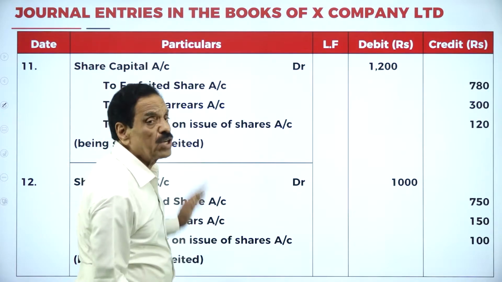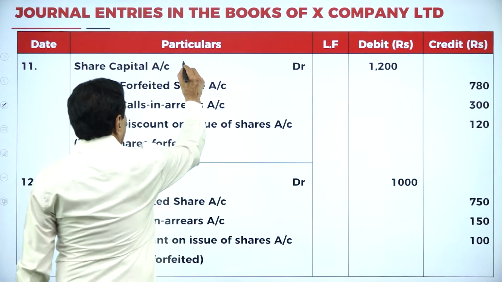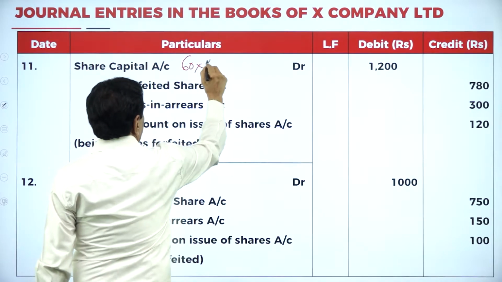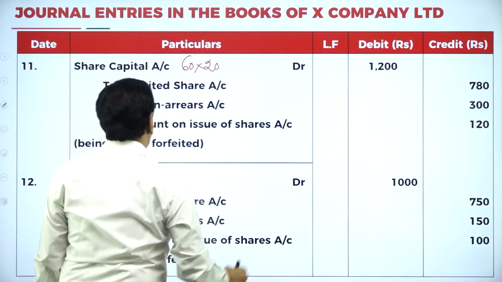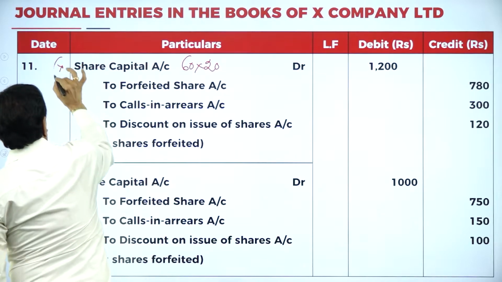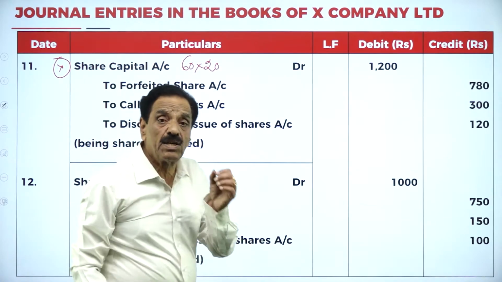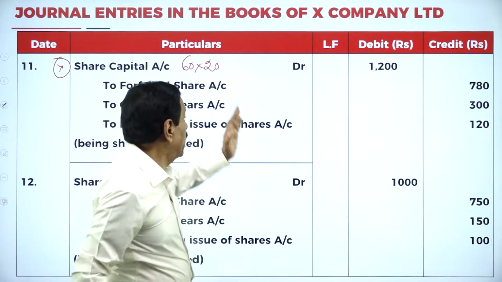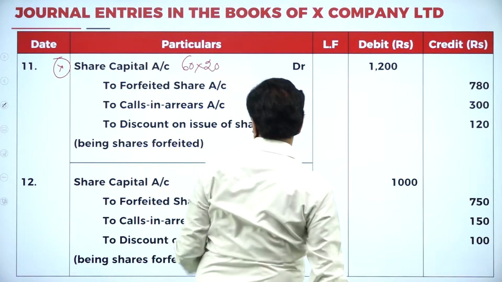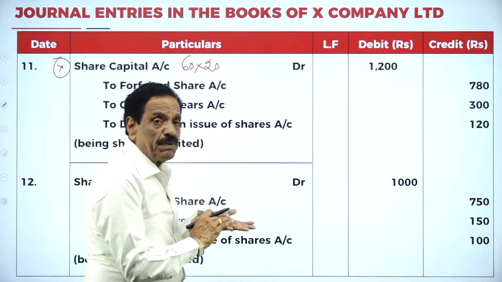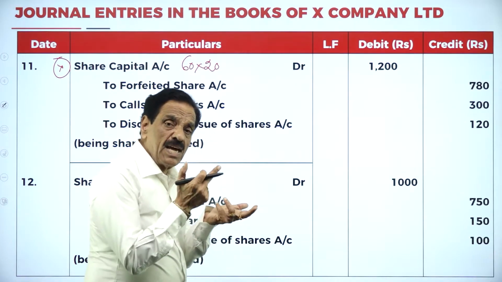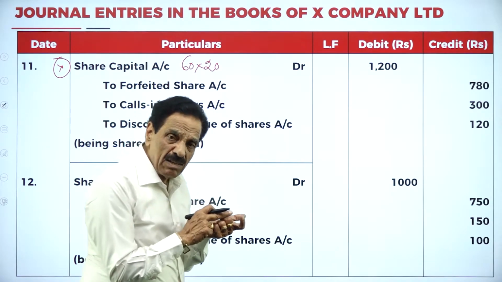So the first man holds how many shares? 60 shares. He has to pay rupees 20. This goes in favor of X. How many shares does he hold? 60 shares. He has to pay 1,200. What has he paid? He paid application, allotment and the first call.